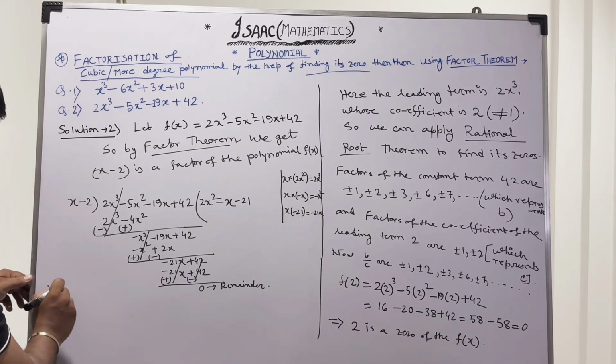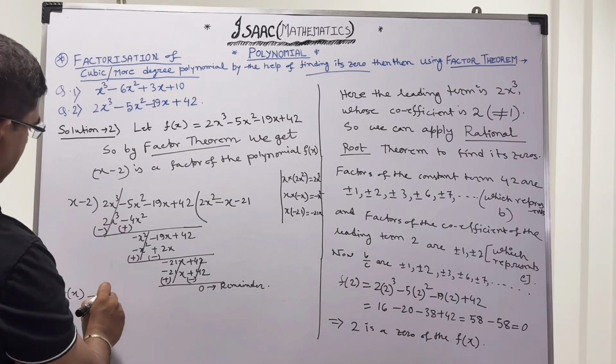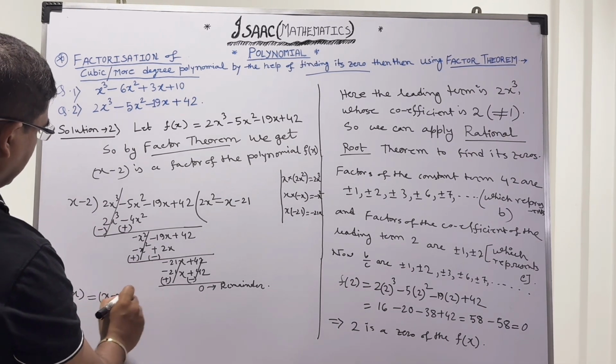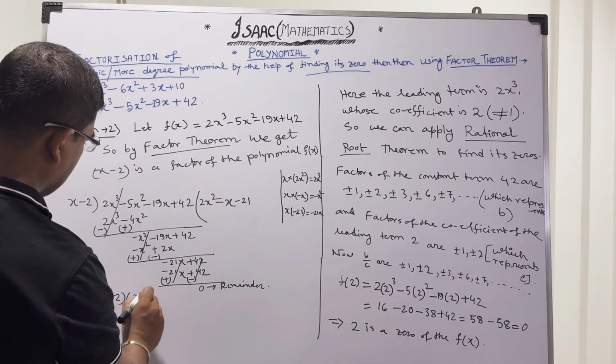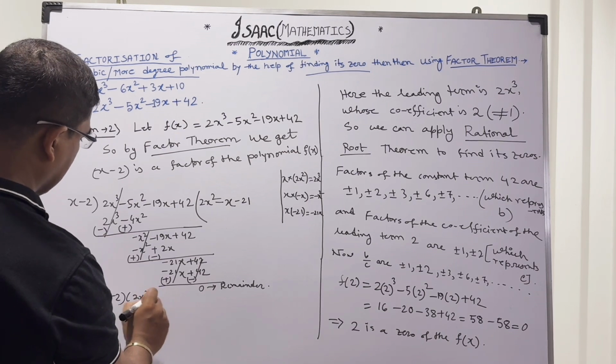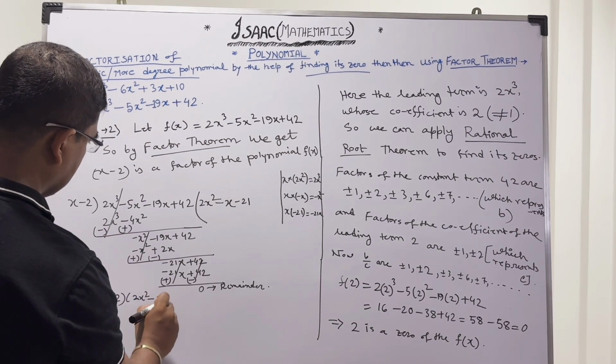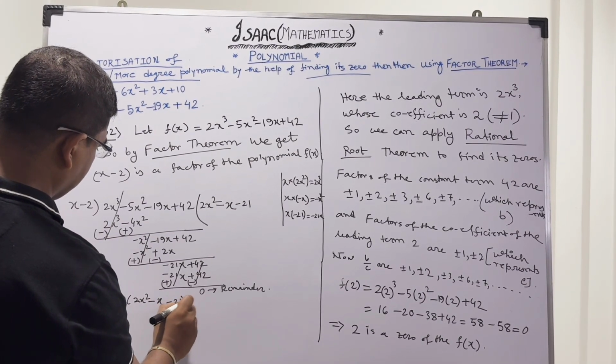Therefore, f of x becomes x minus 2 into 2x square minus x minus 21. Okay.